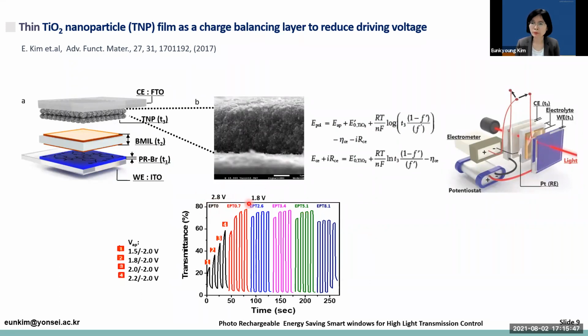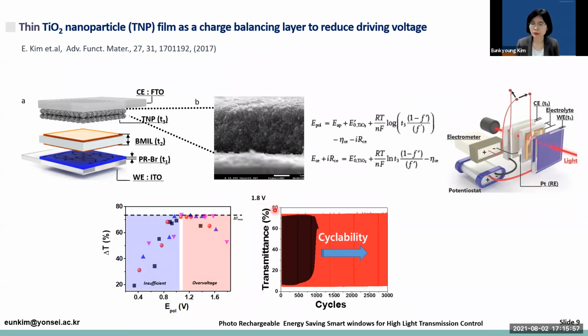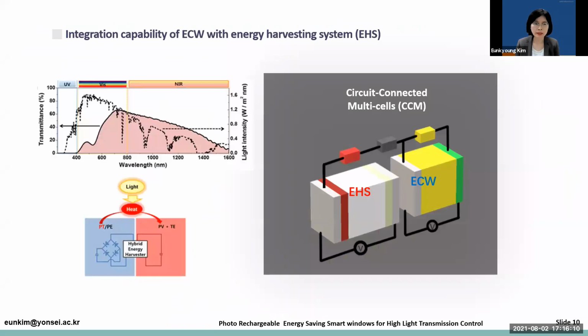So about 1 volt was reduced to reach a transmittance change of about 70%. Since we were able to reduce this working voltage, the cyclability of the EC window becomes longer because we reduce unwanted electrochemical processes. Then this bistable low voltage working EC window could be integrated with an energy harvesting system.